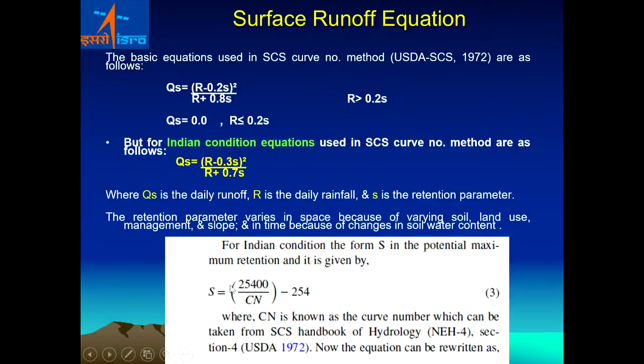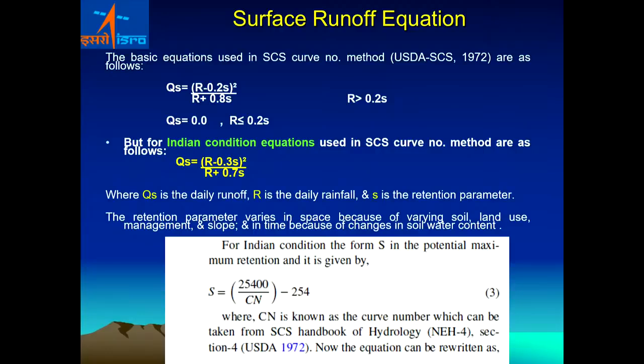S we can calculate by an equation involving division by CN, where CN is the curve number, and the curve number depends on your land use, soil, and topography, slope. So on the basis of CN we can find out how much water the watershed itself will retain.